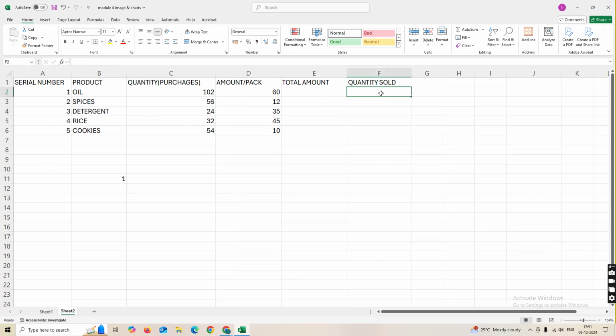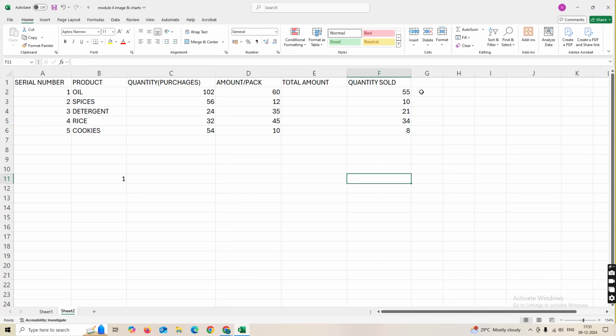Quantity sold we can mention anything, but sold must be less than purchased, because we cannot sell what is not there in inventory, isn't it? So I'll mark, suppose I sold 8 quantity, 34 quantity, 21 quantity, 16. All right, so this is my sold.